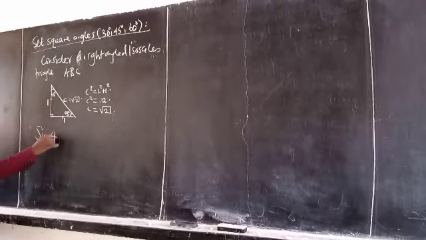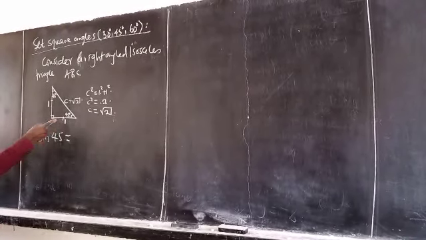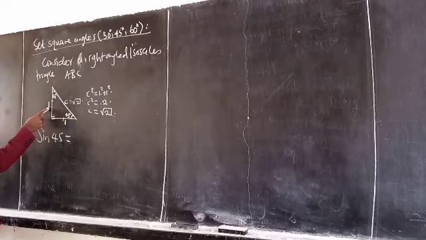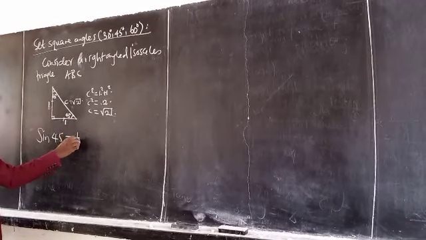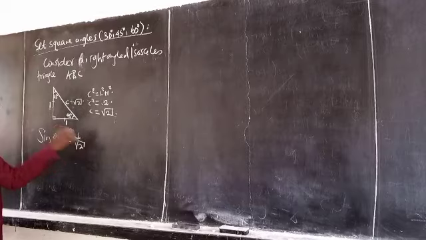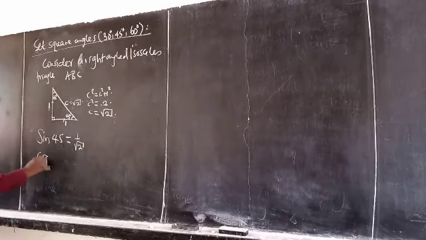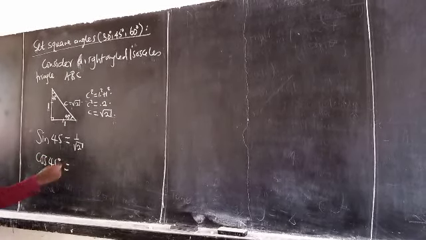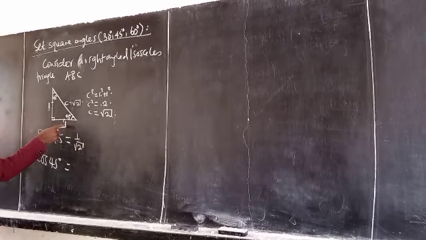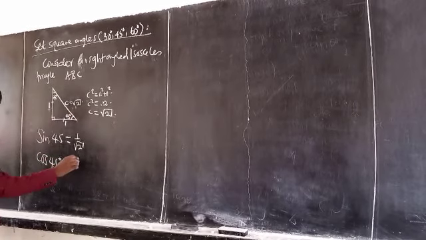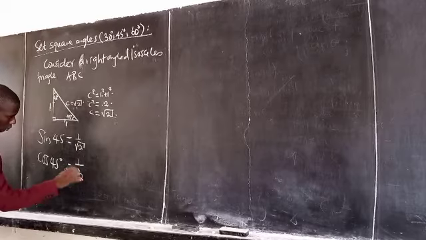Yes. Sin 45 equals opposite over hypotenuse, 1 out of root 2. What is cos 45? Adjacent over hypotenuse, 1 out of root 2.